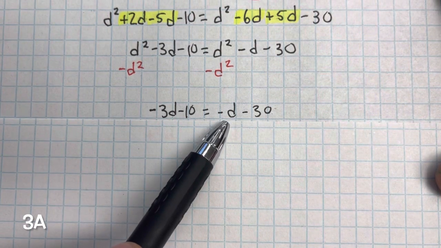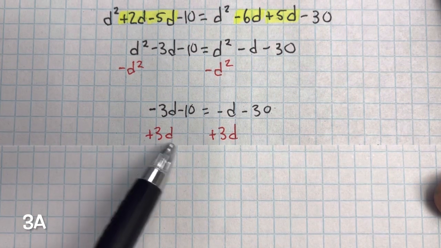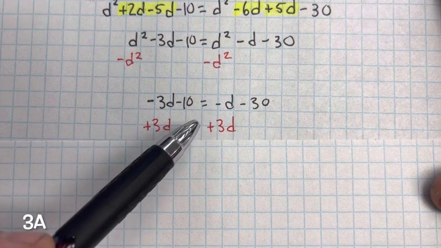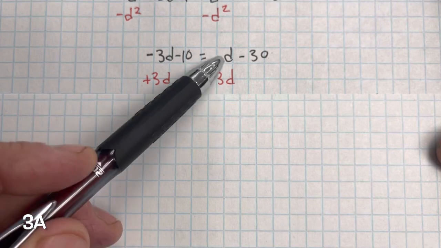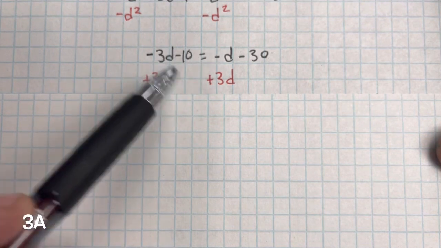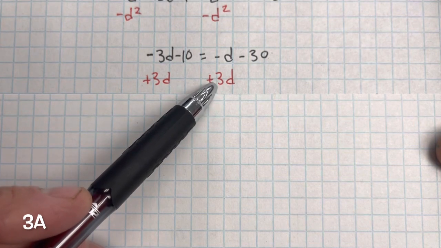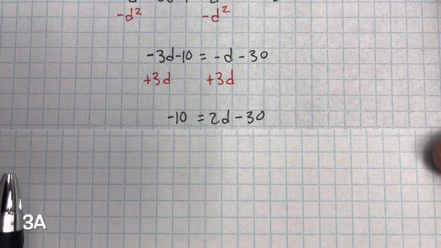And negative 1 is greater than negative 3, so we're going to add 3d to both sides. Creates a 0 pair. And now we have more positives than negatives. This is a negative 1, so we know it's going to be a positive. Signs are opposite, so you subtract. 3d minus 1d equals 2d.